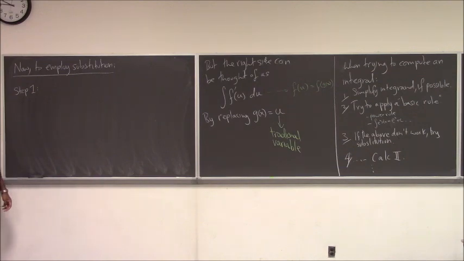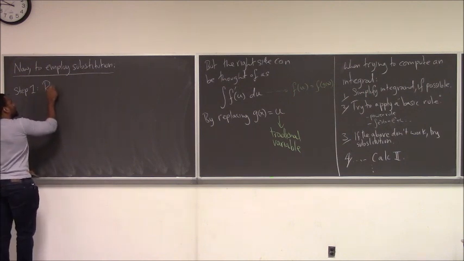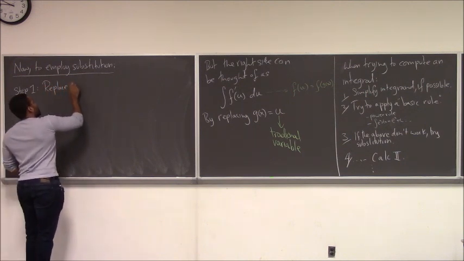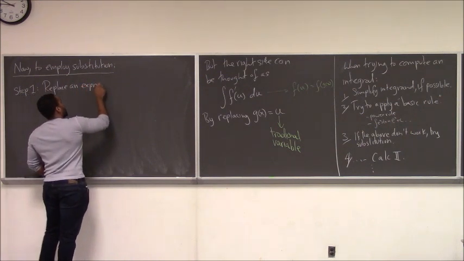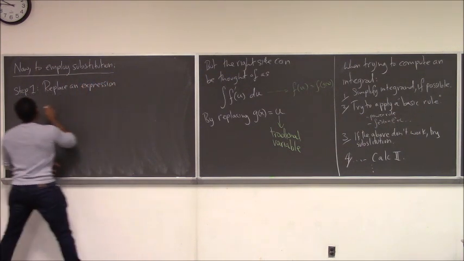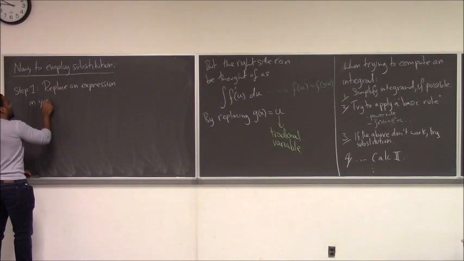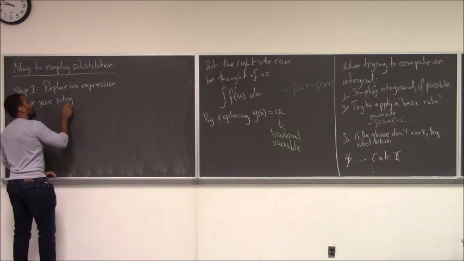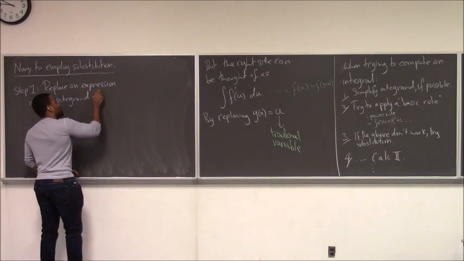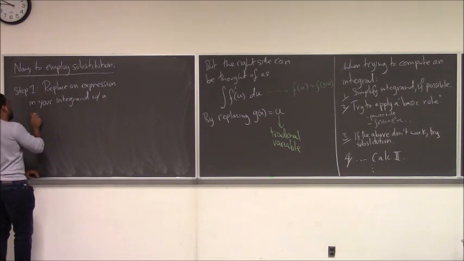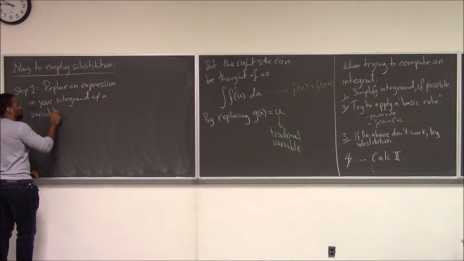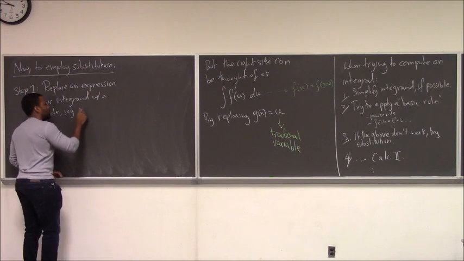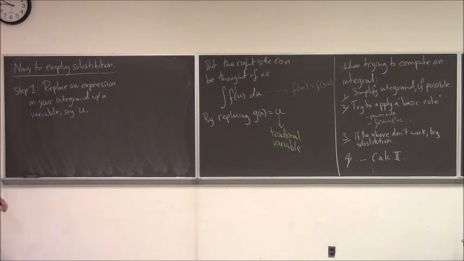So what you want to do is first make this look simpler. You will replace an expression in your integrand with a variable, say u. That's going to be the first step.